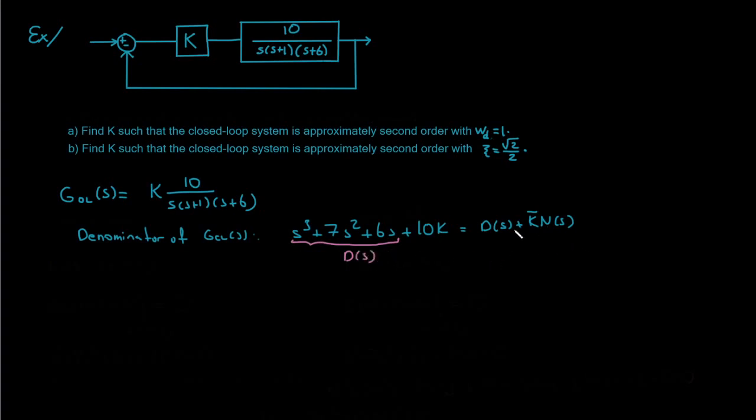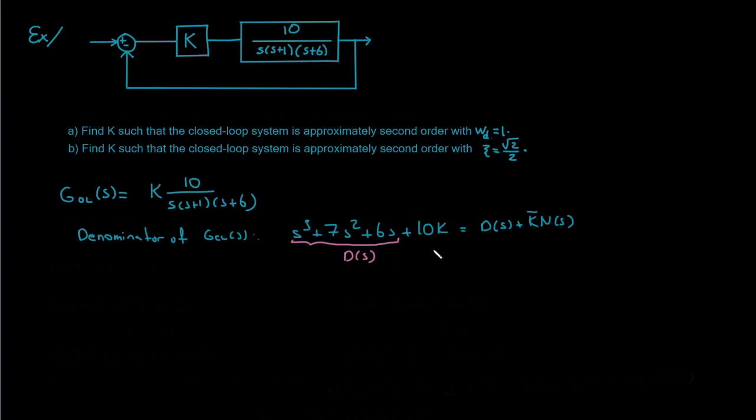Since we have done the cases when n of s is equal to 1 in the previous examples, where we sketched the root locus for n of s equal to 1, I will do the same here. So instead of 10k, I will write k bar times 1.